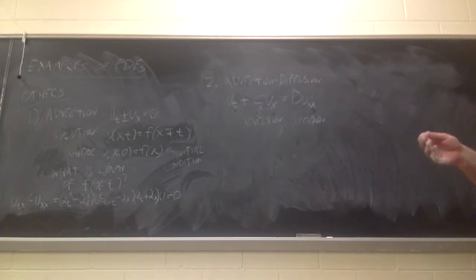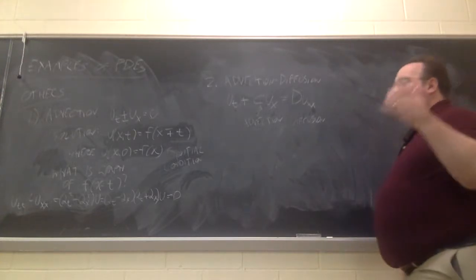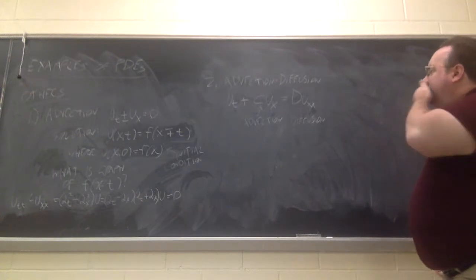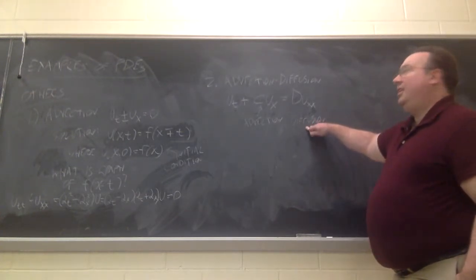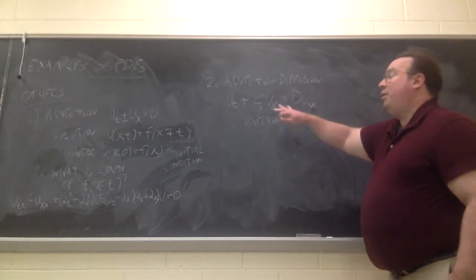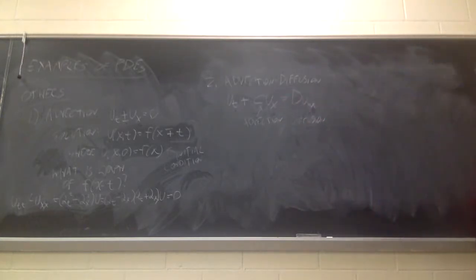It diffuses. Like if you don't have any heat sources, without any outside interference, the temperature in a room is going to diffuse to a constant temperature over time, based on Newton's law of cooling. So that's diffusion. But this equation has both effects happening.